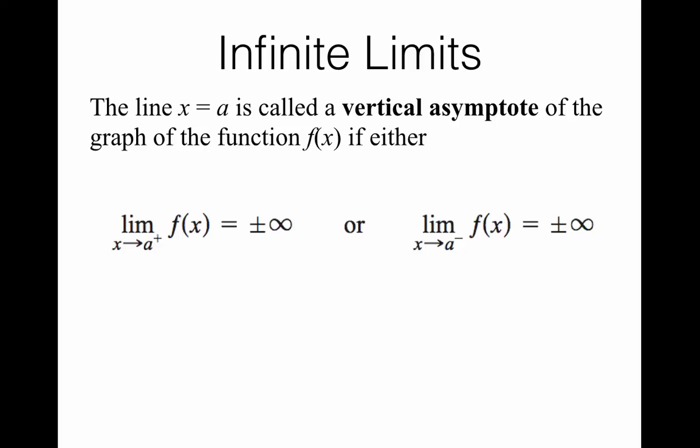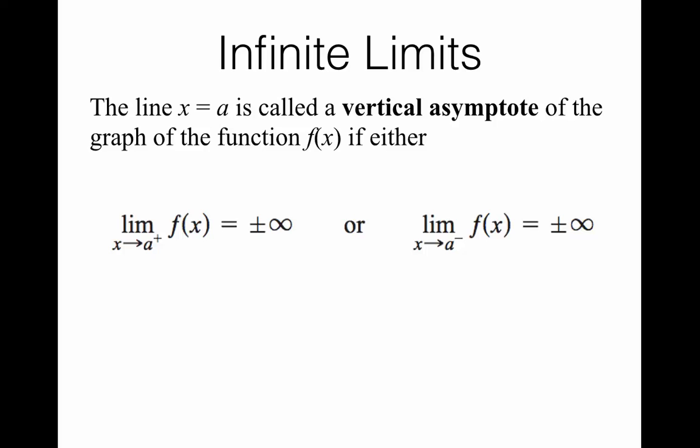The limit as x approaches a from the right is infinity or negative infinity, or the limit as x approaches a from the left of f of x equals either positive or negative infinity. Again, the picture that goes along with this definition is the graph is either shooting straight up or straight down as x gets closer and closer to the vertical line x equals a.